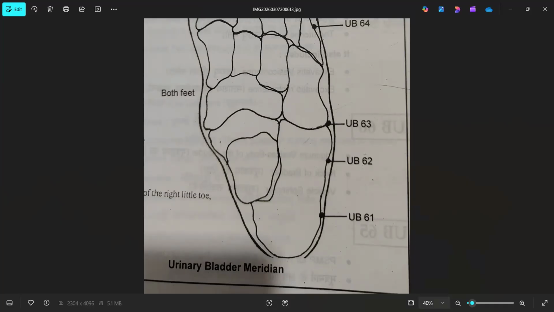Let me see if I have an image which I want to show you so that you understand the importance of UB65, how it affects all the points that we have discussed. This is an important image.